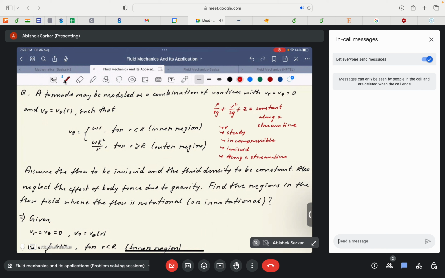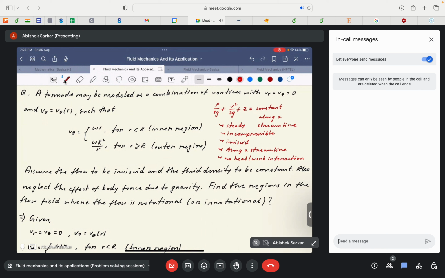No heat interaction. So these are the assumptions that were taken for the derivation of the Bernoulli's equation from the energy equation.